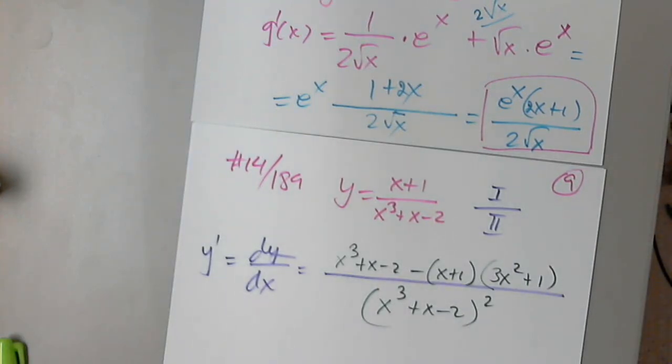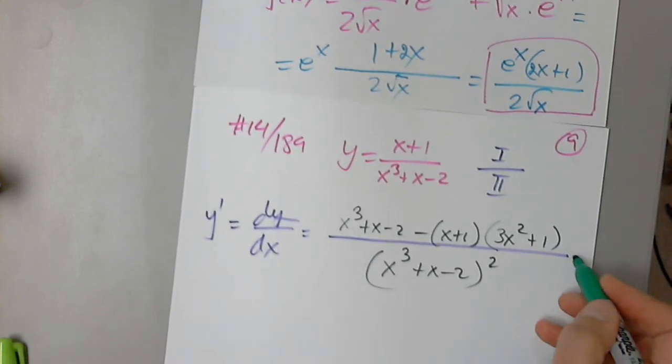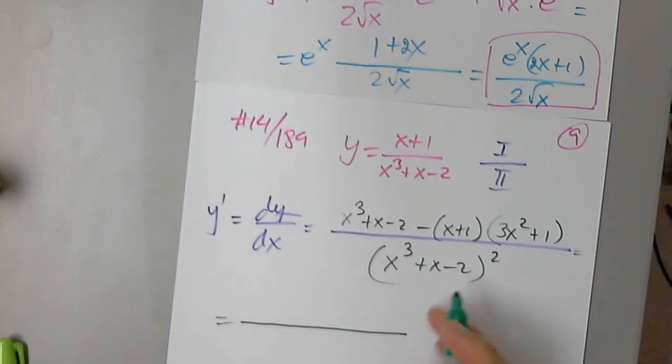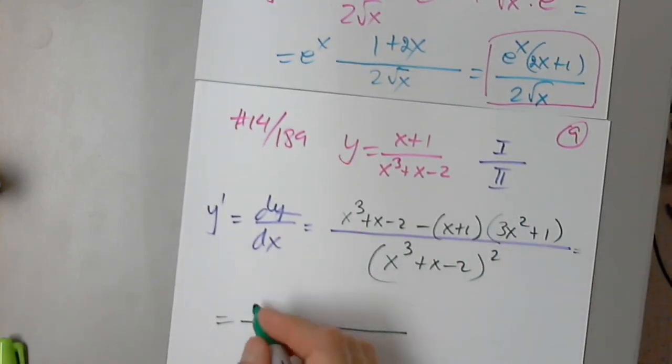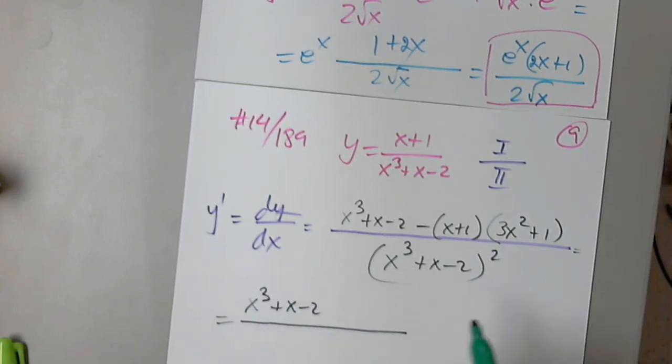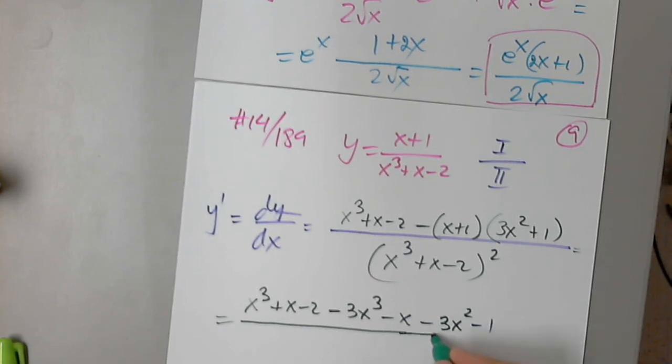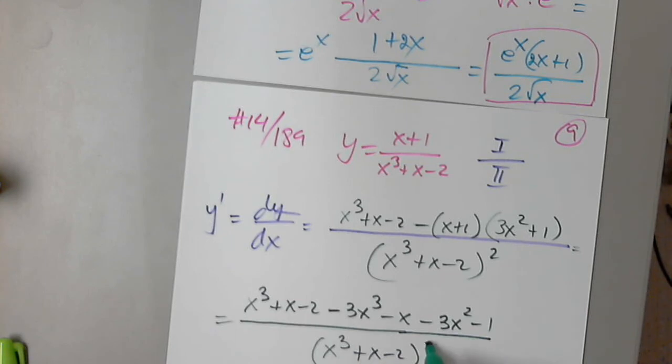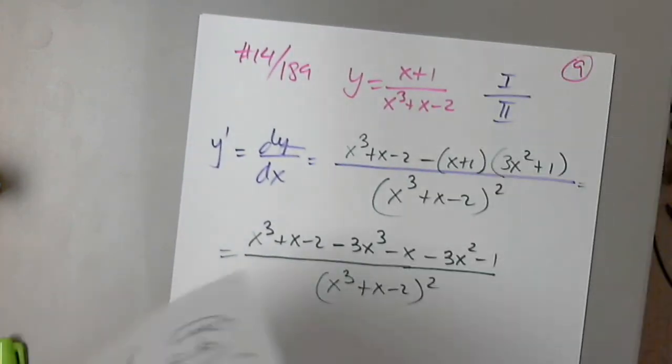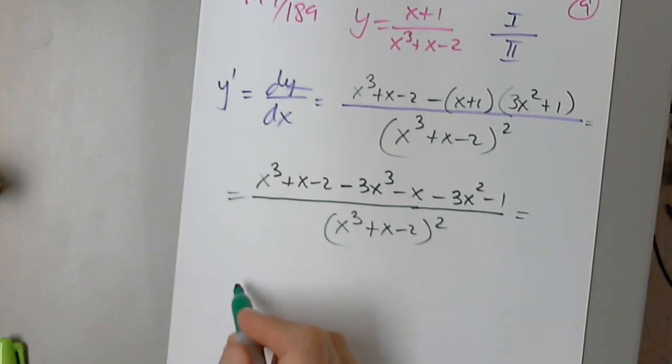We agree? I have to continue and simplify it a little bit at the top. I will not leave it like this. So this is x cubed plus x minus 2. I will distribute. Don't forget the negative sign in front. So a negative 3x cubed, negative x minus 3x squared, and minus 1. Everything over x cubed plus x minus 2, everything squared. And I will continue.